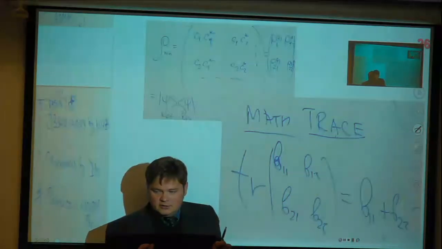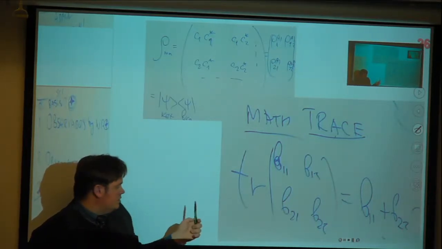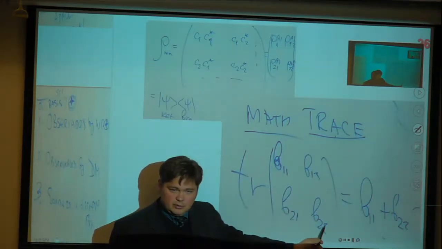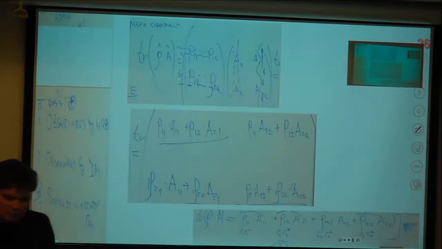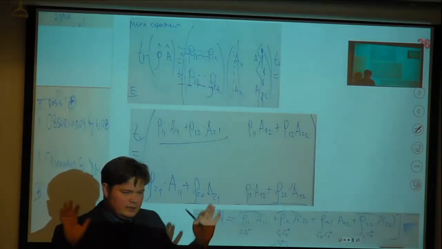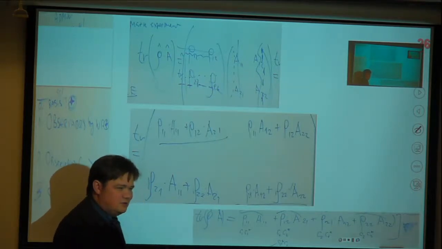Here's a little definition from linear algebra. If you have a matrix, the trace of a matrix is the summation of diagonal elements. So, lean back, relax, it is secondary information, not important. If you are taking notes, you can take your pen off the paper.